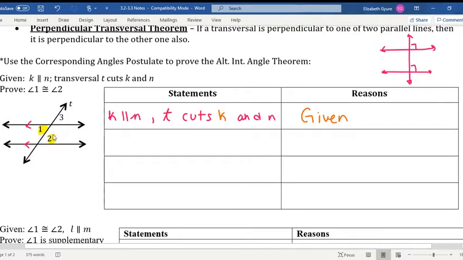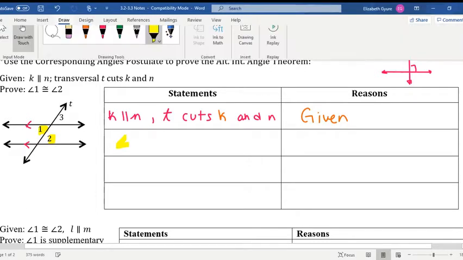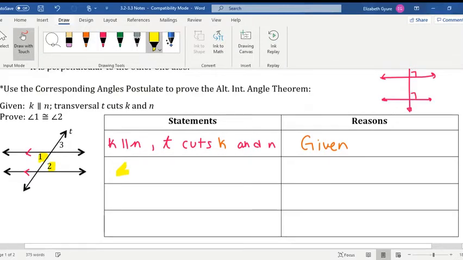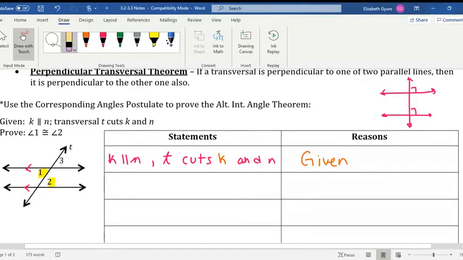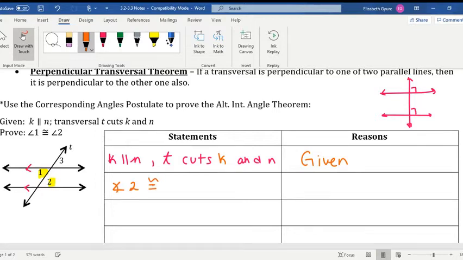They're congruent. Yeah, someone at home said it. They are congruent. Exactly. So what we're going to do now is say that angle 2 is congruent to angle 3.